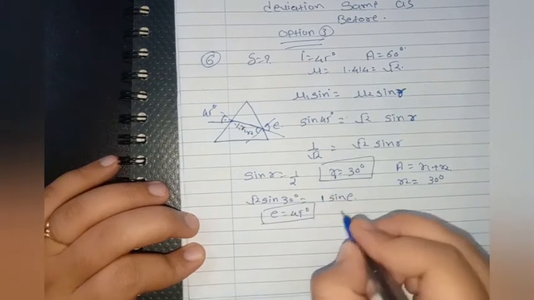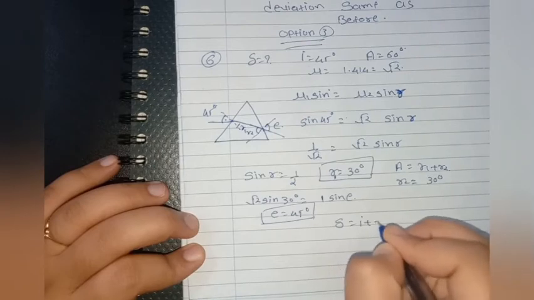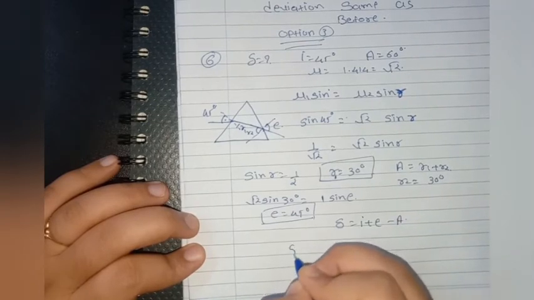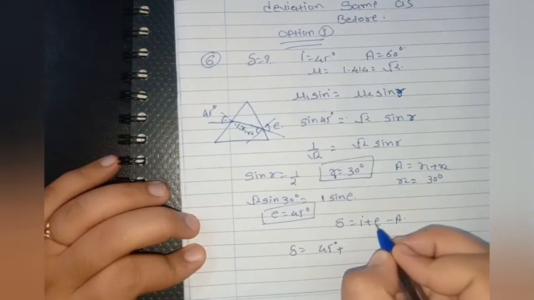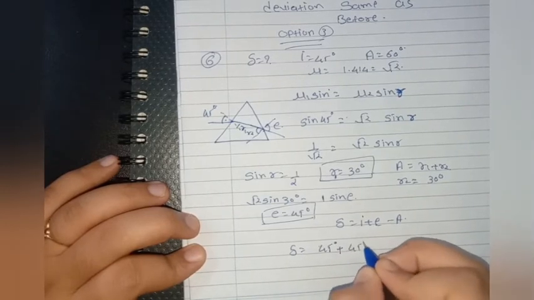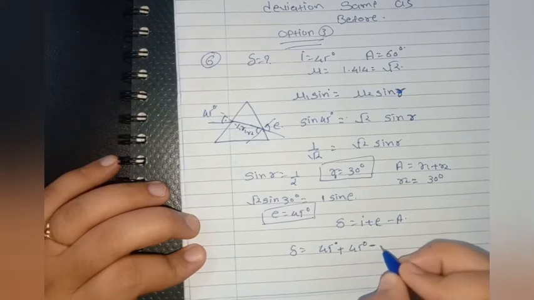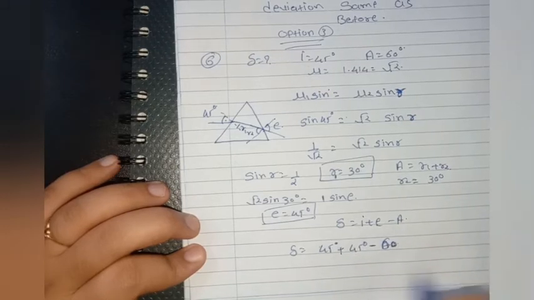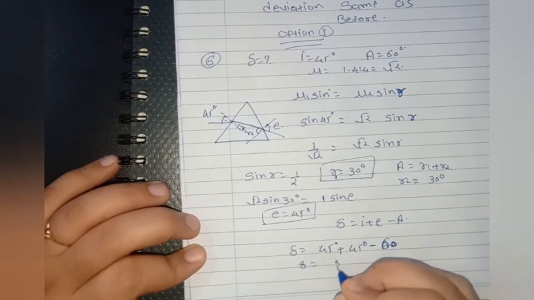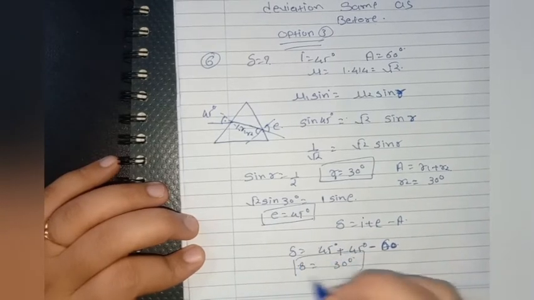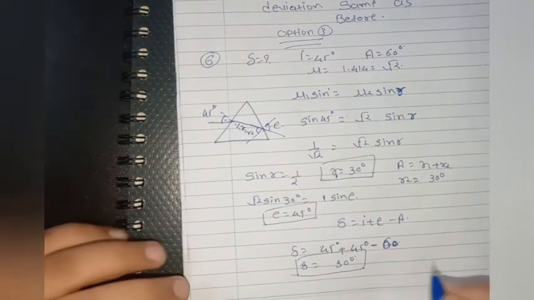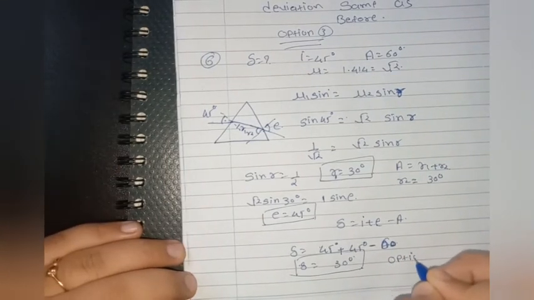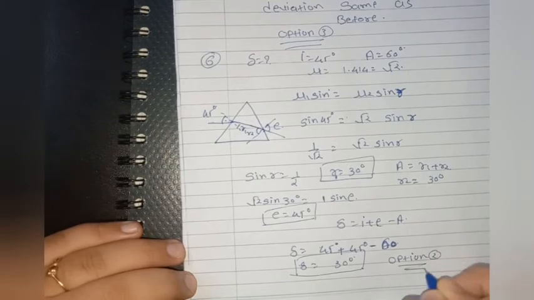We want to find angle of deviation, that is i plus e minus A. So angle of incidence is 45 degree. Angle of emergence is also 45 degree, and angle of prism is 60 degree as it is equilateral triangle. So this will give us delta is equal to 30 degree. So option 2 is correct option.